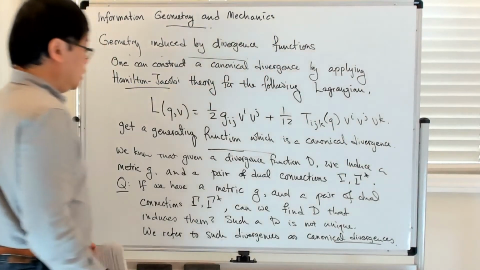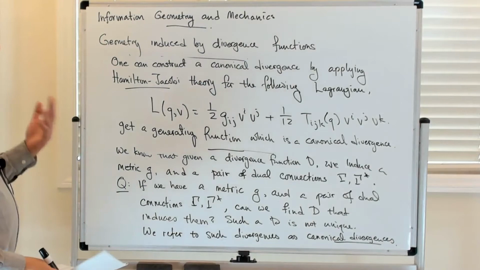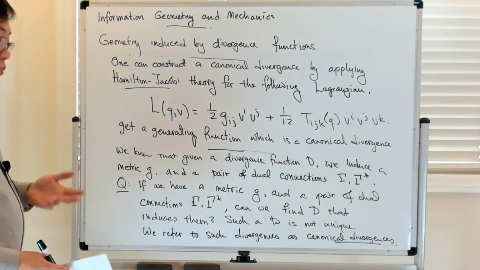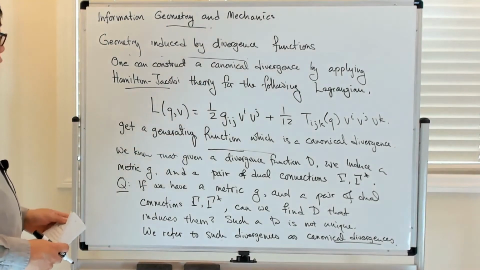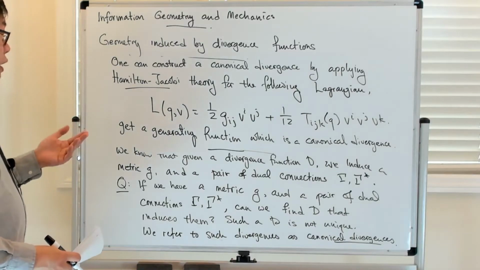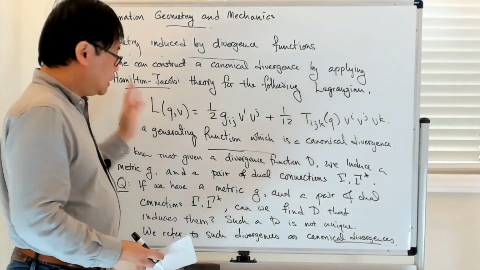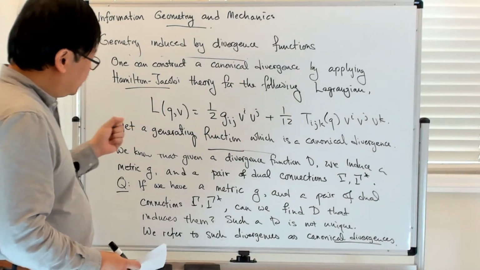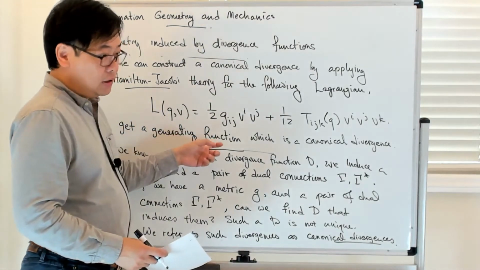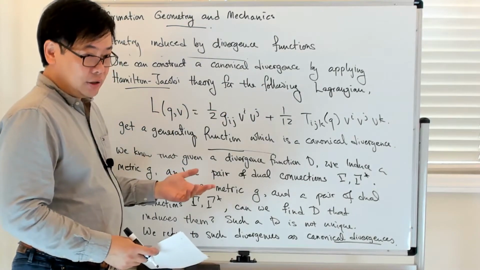Okay, so that's kind of interesting. On the one hand, you're using techniques from Lagrangian and Hamiltonian mechanics to construct a canonical divergence. But there is something implicit in this, which bears repeating, which is that this is a generating function associated with some sort of Lagrangian.